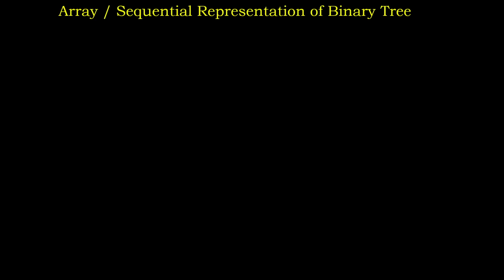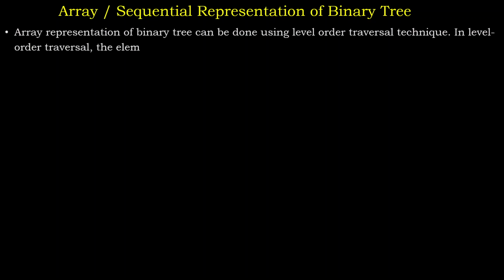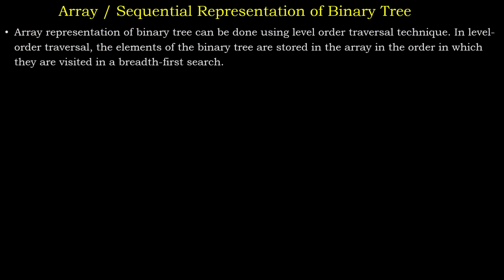So first let's talk about the array sequential representation. Array is also called sequential representation of a binary tree. When you talk about the array representation of a binary tree, it's almost one traversal technique, where we traverse all the elements in the binary tree and store them in an array. How can we insert all that data as an array?